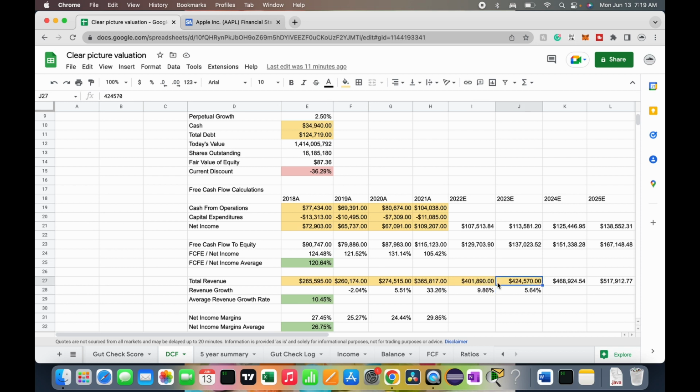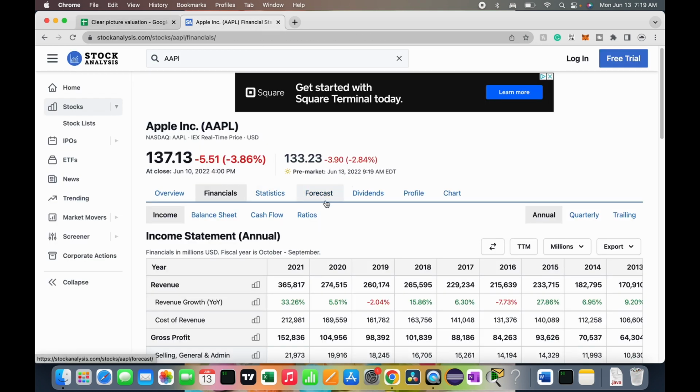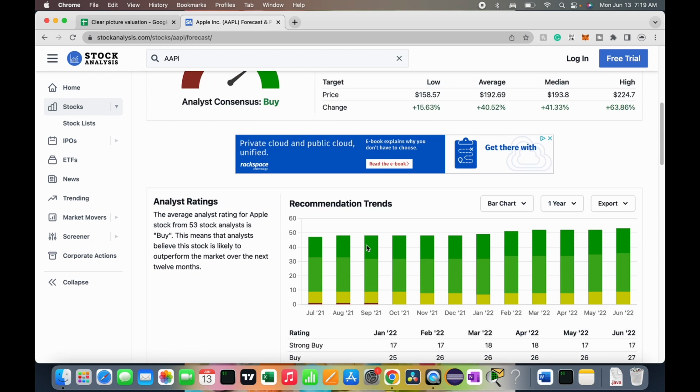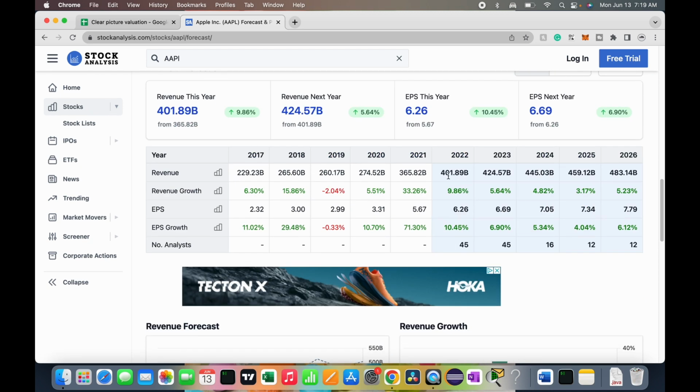Really the only thing I have to put in is the analyst expectations, or the forecast for the future. You see here, $401.89 billion in 2022, and for 2023, $424.5 billion.